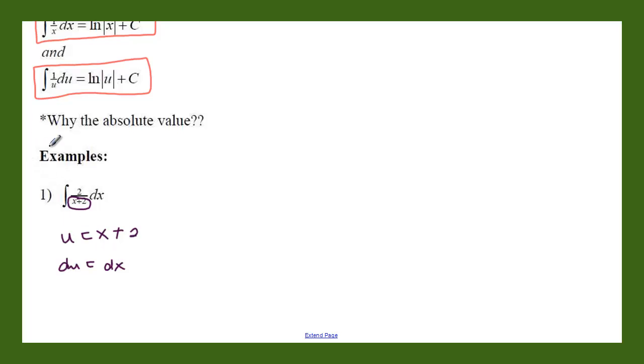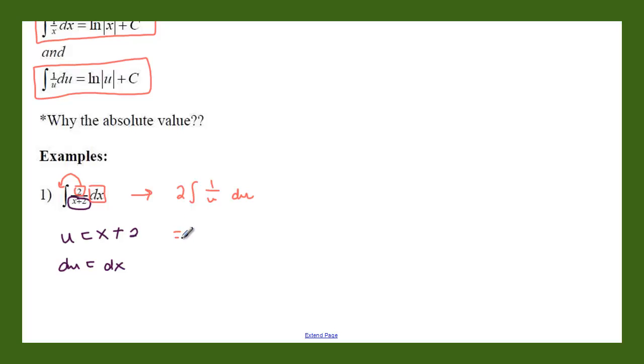Now we have this extra 2, which we can pull out to the front because it's a constant, and our du is replacing our dx. So when we make our substitution, we have 2 times the integral of 1 over u du.